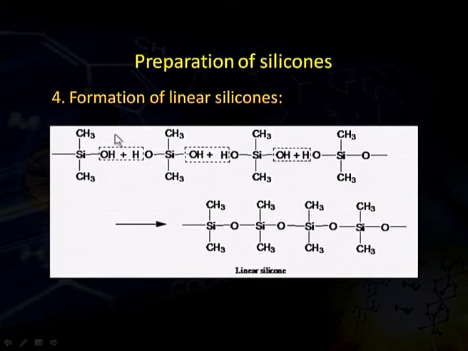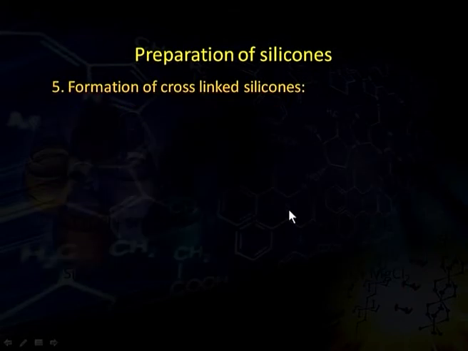Similarly, the OH group of this and the OH group of another unit react and water is eliminated, and again these two get joined together by the oxygen atom. Similarly this type of process takes place and a linear silicone is formed in which the different silicon atoms are joined together by the oxygen.